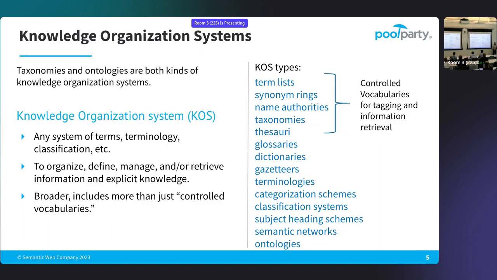Certainly glossaries or dictionaries have a different purpose, which is to have definitions and terminologies, often with different language translations, and then categorization and classification systems, which are very similar to taxonomies, but not exactly. Some of these come from library and information science, but then there are semantic networks and ontologies, which have a different origin, but are coming closer to controlled vocabularies, as we will see.